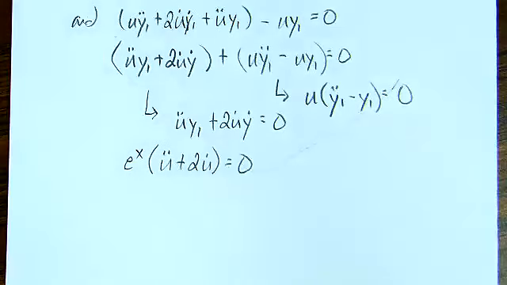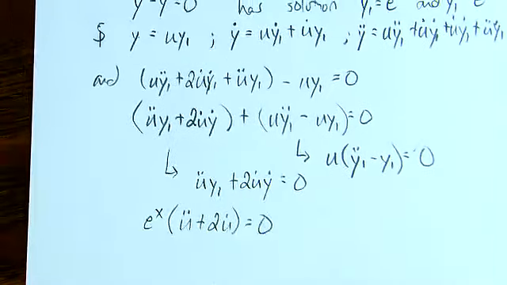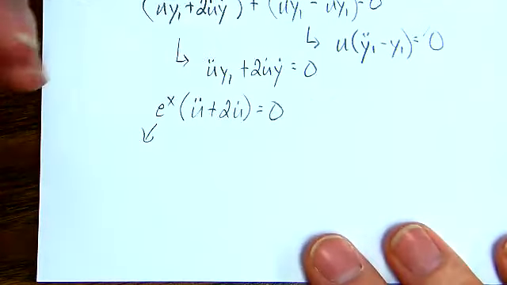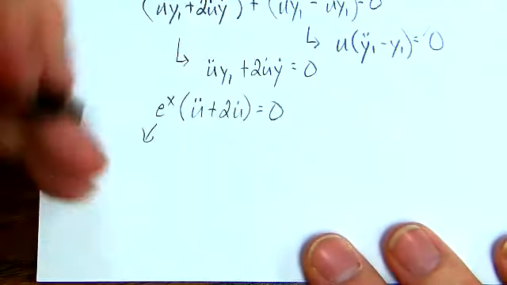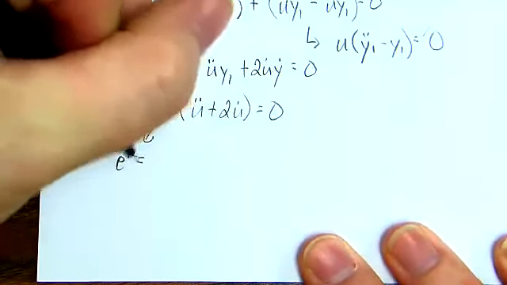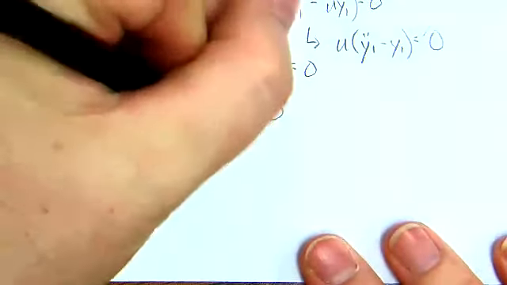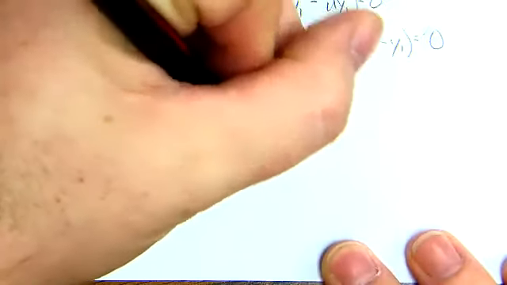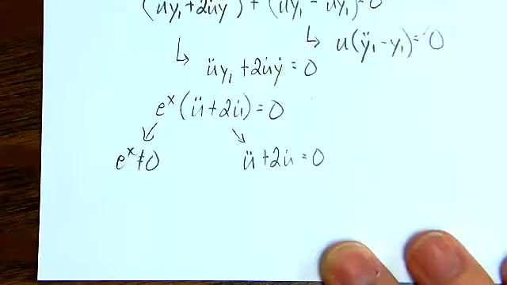And this is notably different from our original differential equation. First, let's observe that e to the x is never 0. So for this equation to be true, it must be true that u double dot plus 2 u dot is equal to 0.